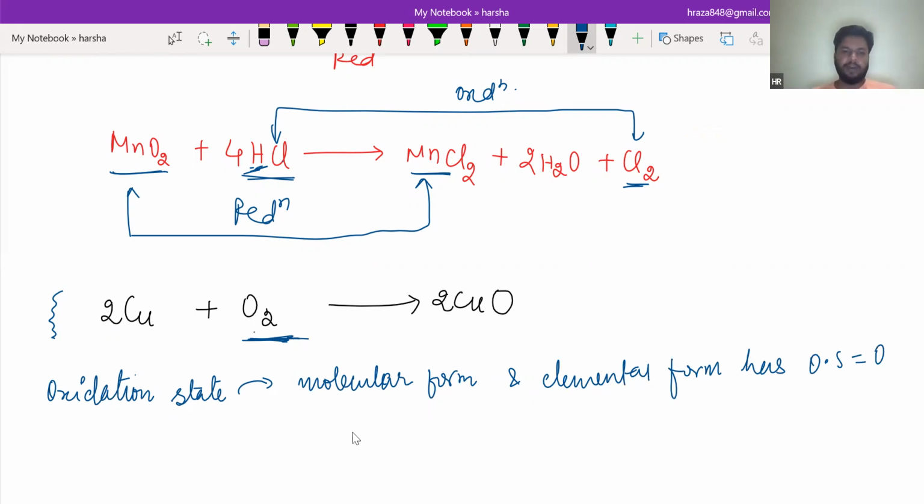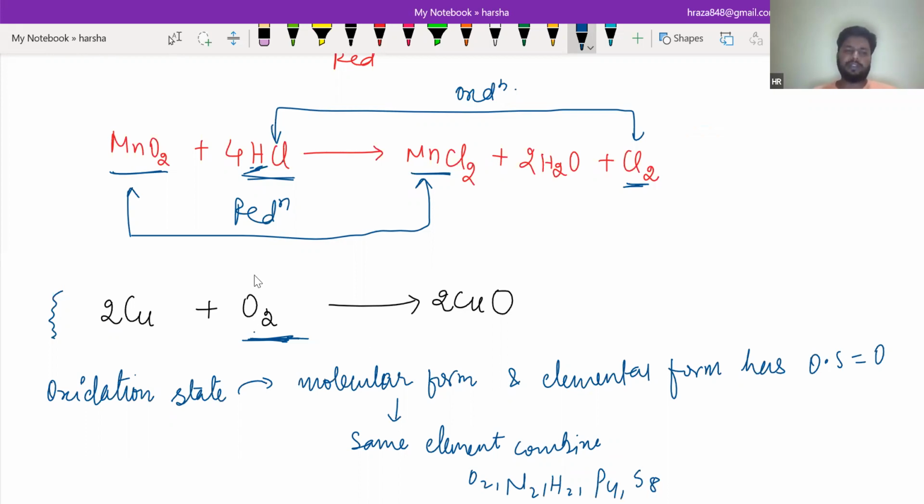In a molecule, whenever the same element combines two or more times, the same element combines to form a molecule. That is the molecular formula. You can see O2, N2, H2, P4, S8, these are all molecular forms, or all are molecules.